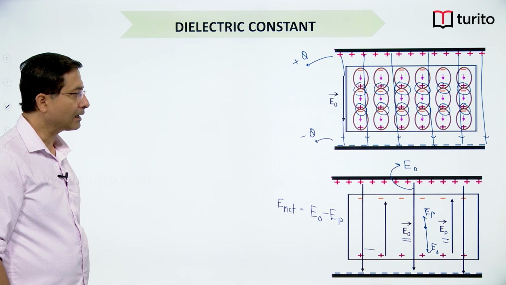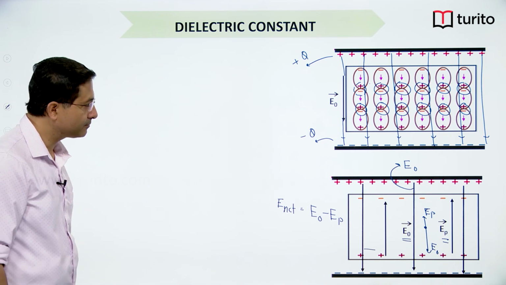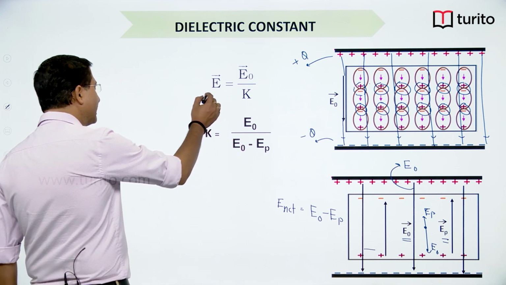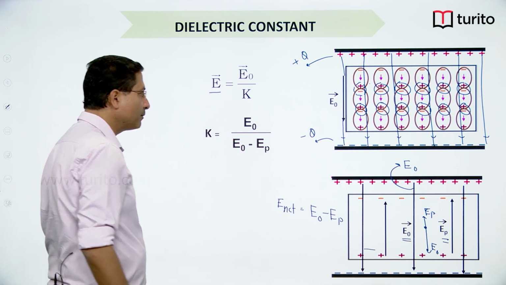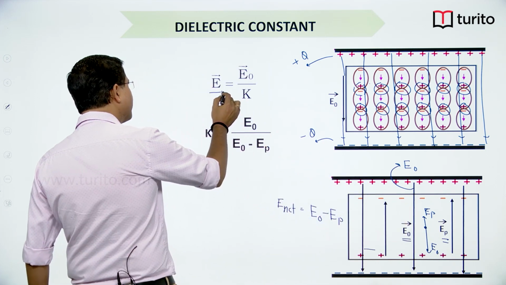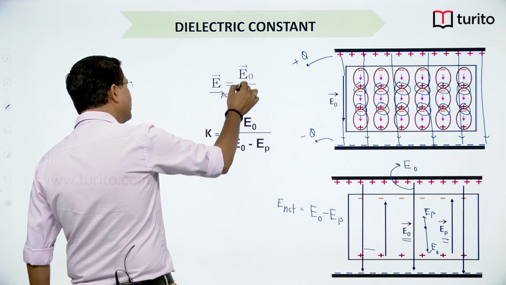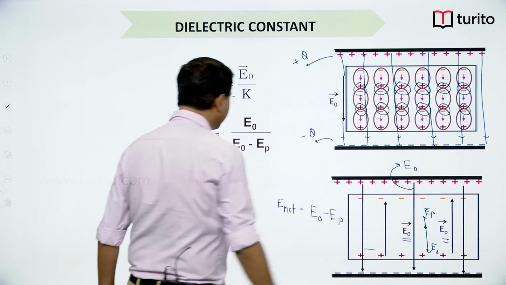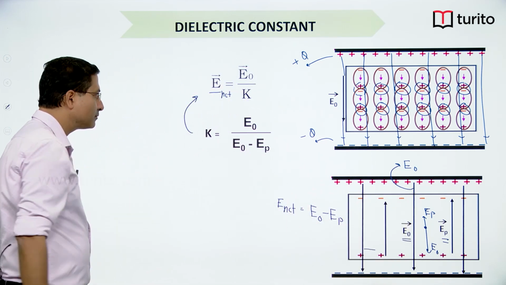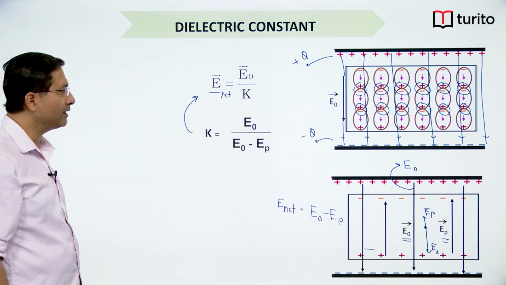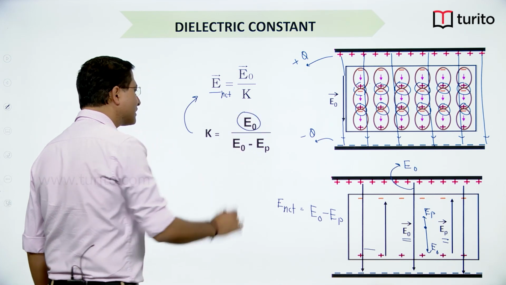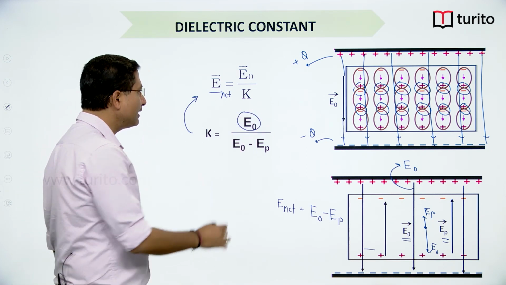And how is the dielectric constant defined? Let's see. E is equal to the net field coming here, and the net field coming here is E naught by K. How did that come? Dielectric constant is defined as the field outside divided by the field inside.